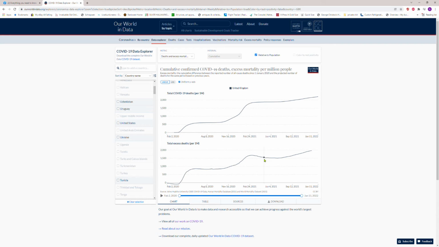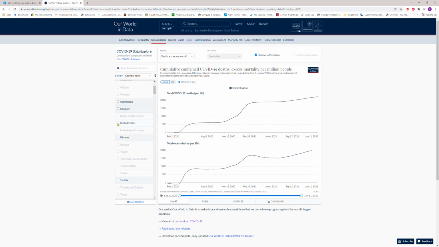Actually, since this curve dips here, I don't think that they have actually, this is on top of the COVID deaths. This is the excess on top of that. So they've been lying and lying and lying.